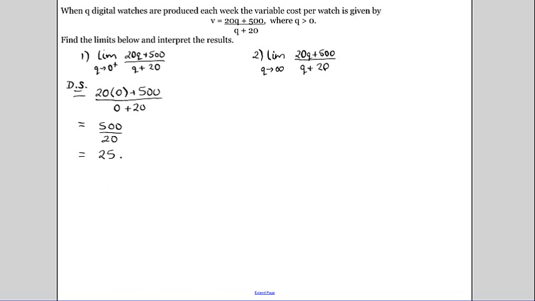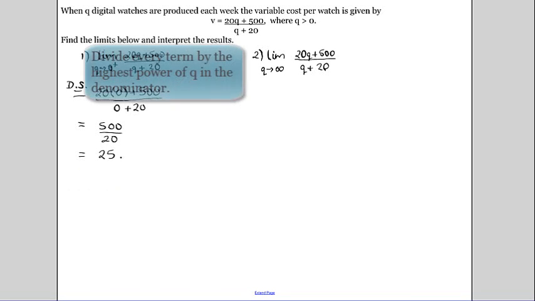For the second limit, we want to know what happens as Q goes to positive infinity. To solve a limit like this, we divide every term in the top and bottom by the highest power of Q in the denominator.